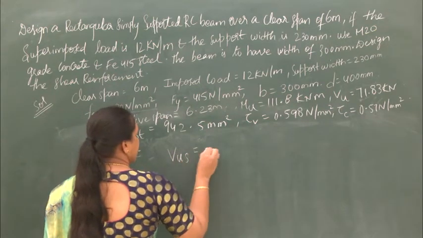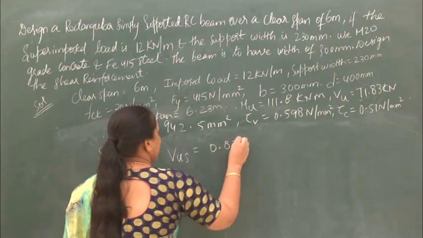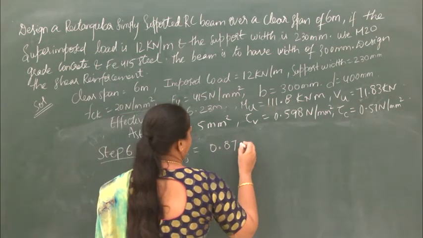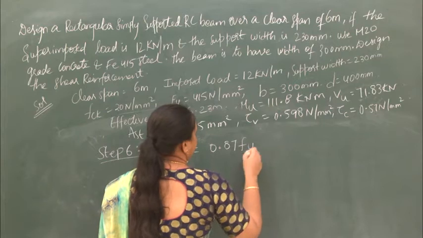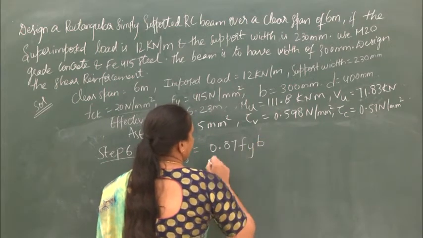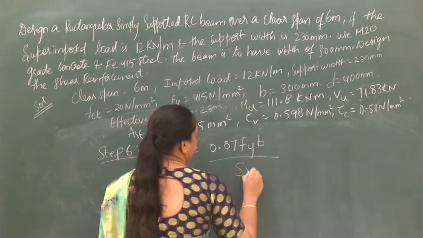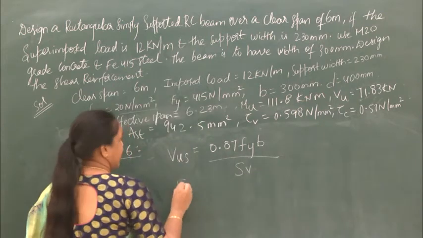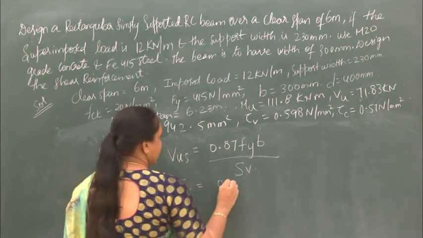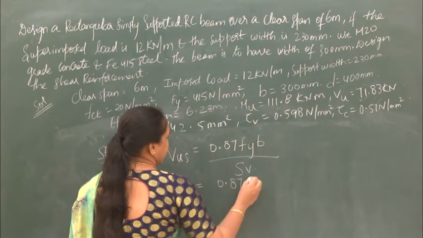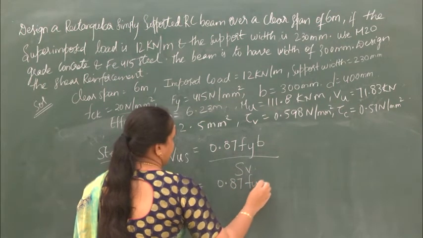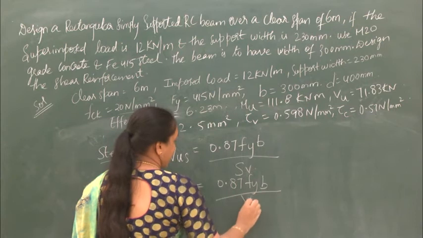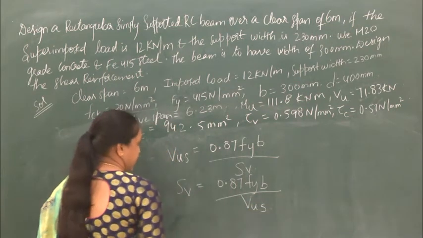So VUS is equal to 0.87 Fy into B divided by SV. So SV will be equal to 0.87 into Fy into B divided by VUS.